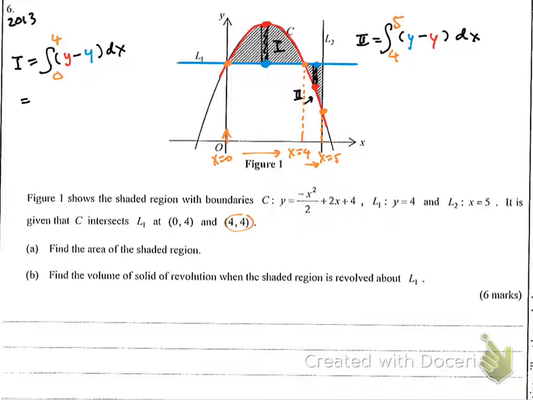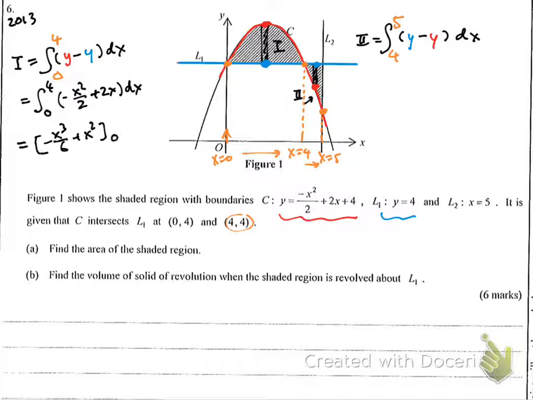So that is the red one, and that is the blue one. Red minus blue, we integrate from 0 to 4 of minus x squared divided by 2 plus 2x, dx, and that goes to negative x cubed divided by 6 plus x squared.